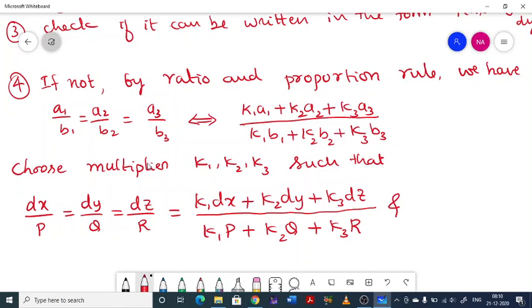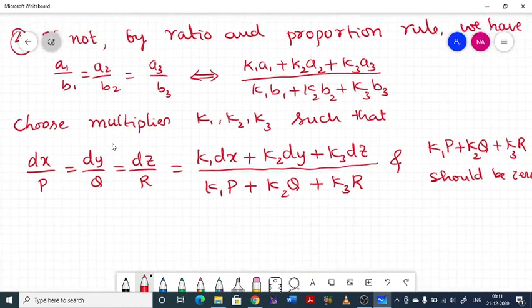And there should be additionally one more condition to choose multipliers, that is this denominator must be 0. k1P plus k2Q plus k3R should be 0. So I have to choose multipliers in that way, so that k1, k2, k3 must be chosen such that k1 into P plus k2 into Q plus k3 into R should be 0.